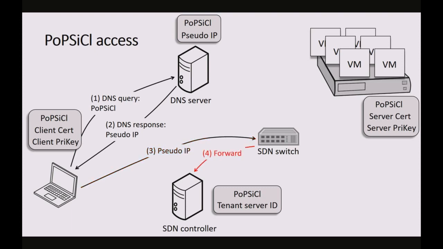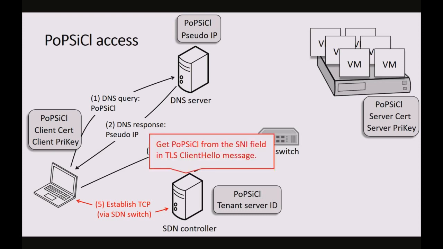The controller goes ahead and completes the TCP connection with the client and awaits the client hello message of the TLS connection. And when it sees that, it now knows what popsicle the client wants to access, and it can look up what the real tenant is. And so it says, okay, what I'm now going to do is first install some temporary rules in the SDN switch to do two things.